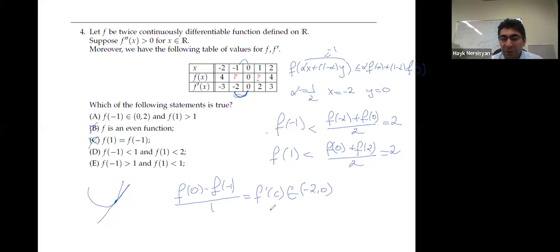Which means we can say that f(0) minus f(-1) belongs to the interval -2 to 0. Which means if we multiply with -1, we will get this part is true.